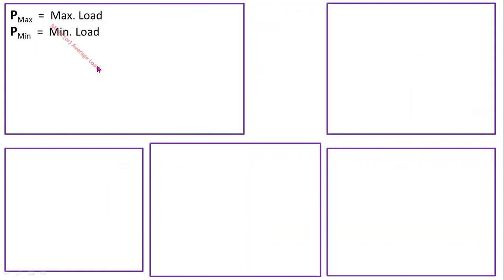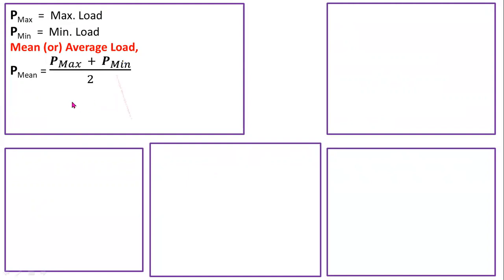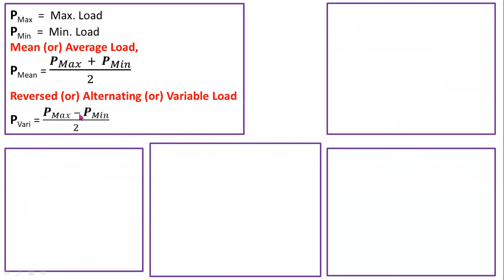Mean load equals maximum plus minimum by 2. For reversed, alternating or variable loads, variable load equals maximum minus minimum by 2. Here you subtract, there you add.